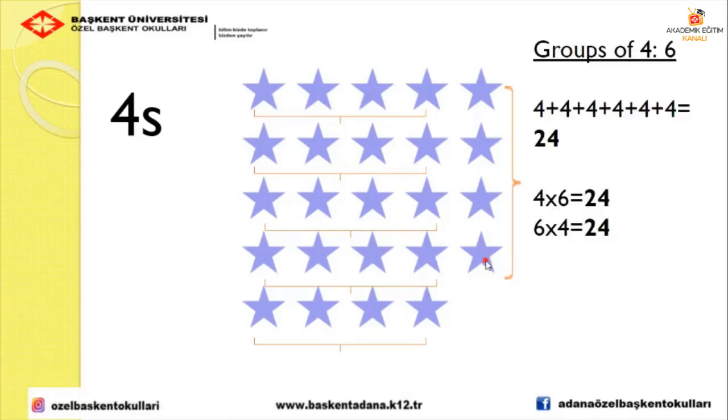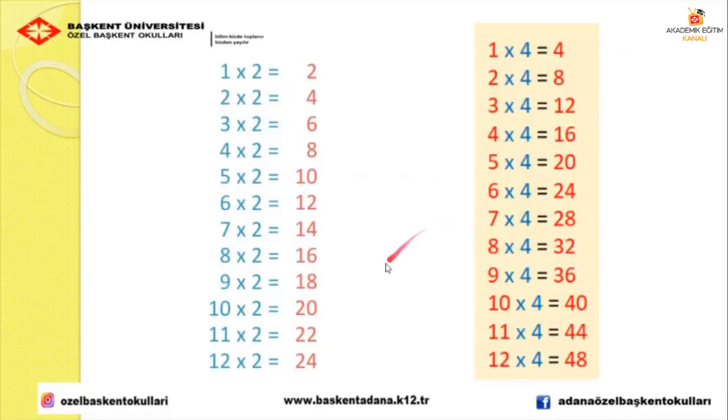There are 6 groups of 4. Equals 24. 4 times 6 or 6 times 4 equals 24. You can also learn the timetables, and then you will always know the answer off the top of your head.